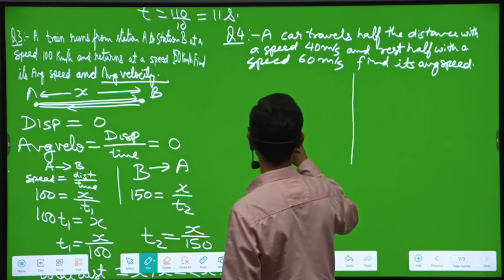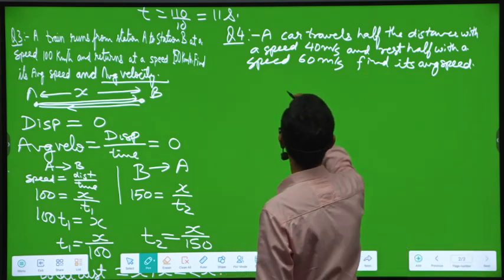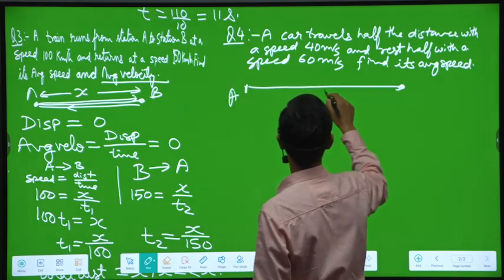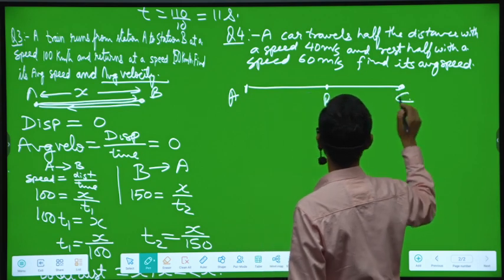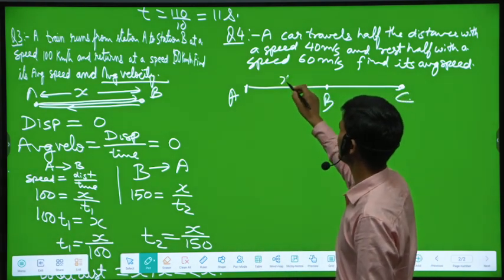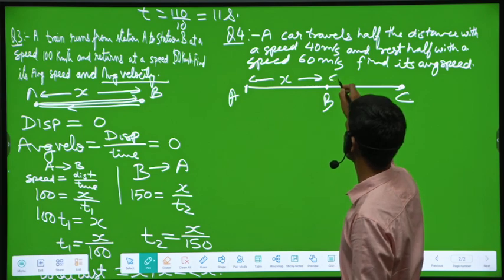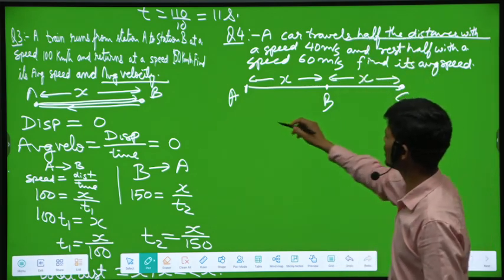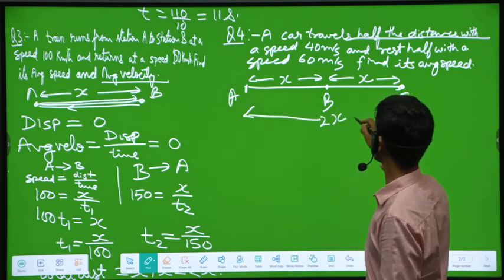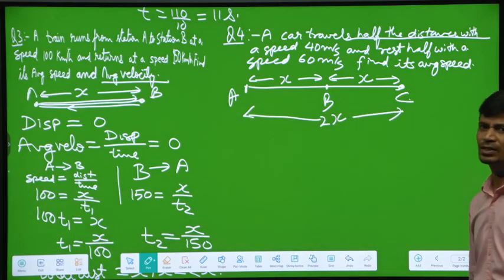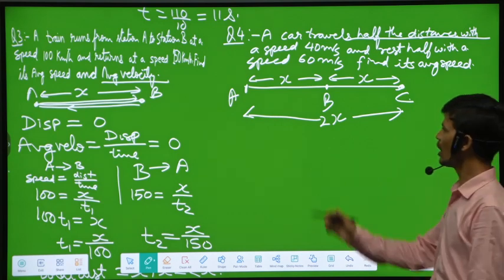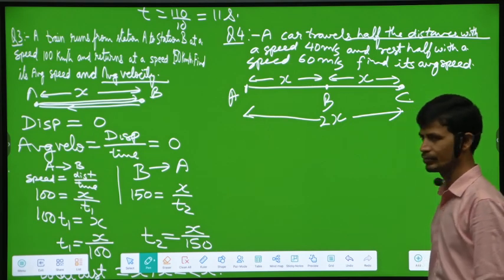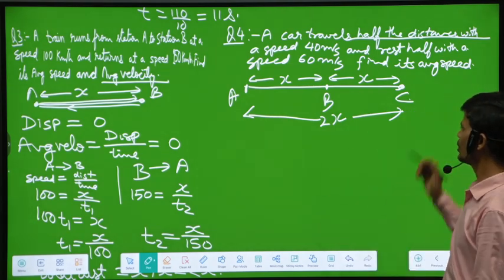So again, this is the path A to B to C. A to B, let us suppose distance is x. So here also half of the distance. So let us suppose entire distance is 2x. That will be much easier to understand. So half of the distance, half of 2x is x, and the rest of the half again x.